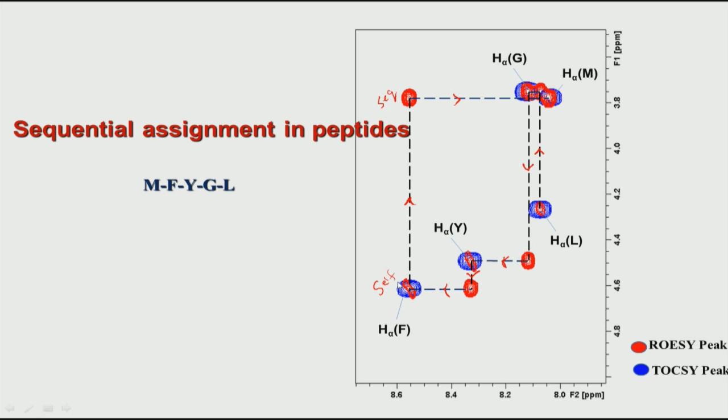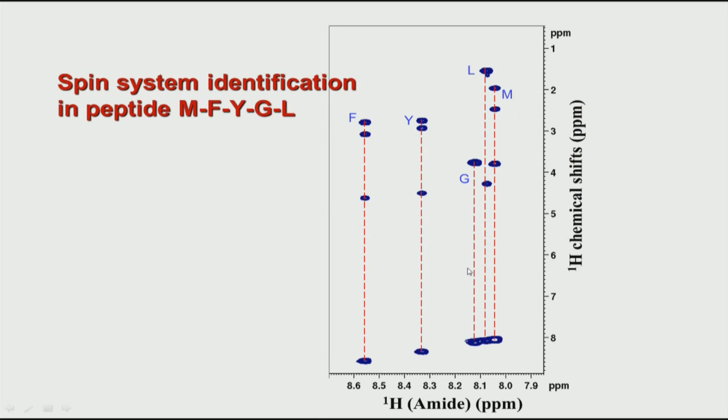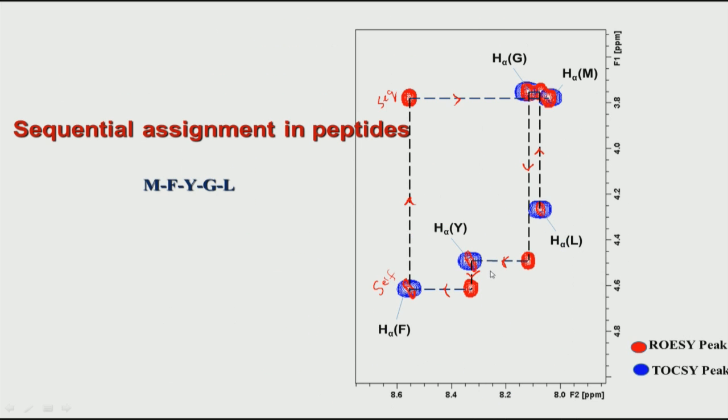That information I did not have when I went to TOCSY. If you go back to TOCSY here, we did not know which is phenylalanine and which is tyrosine. This was an arbitrary assignment, but it is verified only when we do the sequential assignment, where we actually find a link between the amino acids. So, this is the whole process of sequence specific assignment in peptides.